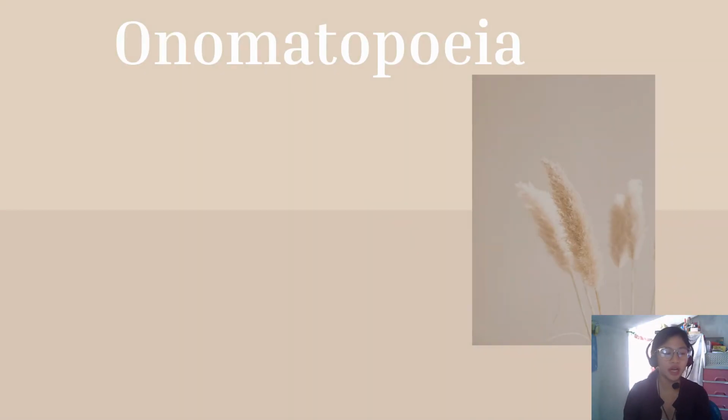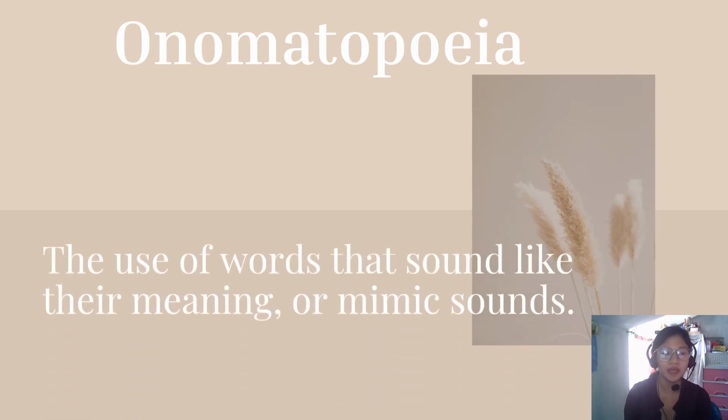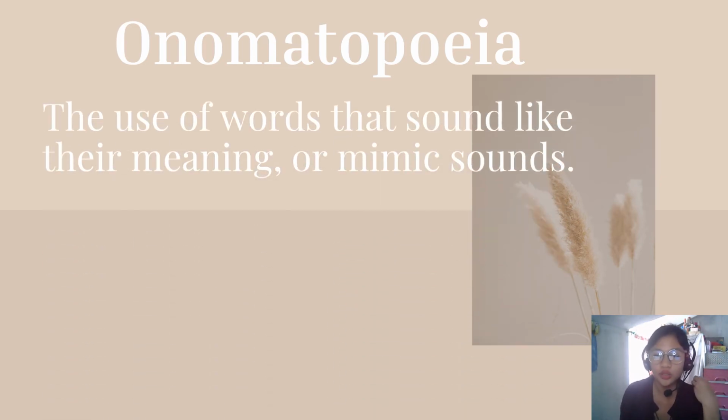Next, we have here an onomatopoeia. Onomatopoeia is talking about the use of words that sound like their meaning, or mimic sounds. So it is simply mimicking sounds. Its sound is also what we call it.